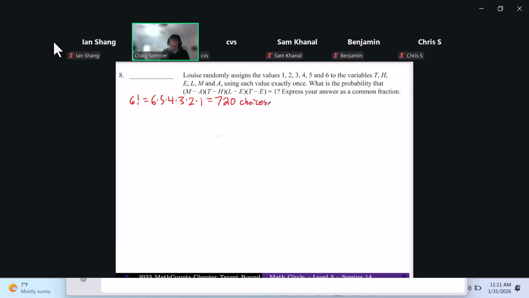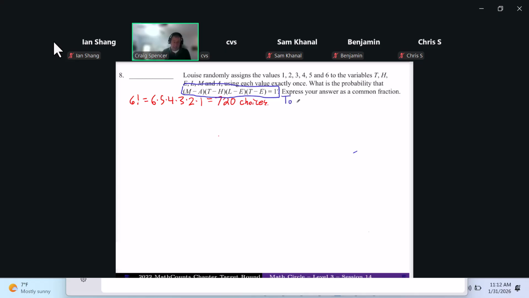But if I'm only concerned with ones where this expression here, this ugly expression, is equal to 1, well, I'm plugging in integers into this. The variables are never going to give me 0 for these factors, but I can't have them give me 2 or -2 or 3 or -3 here. So to get 1, I know that all of these things need to be plus or minus 1.